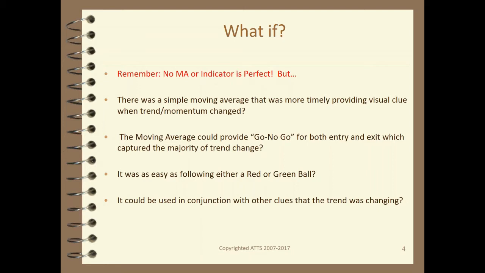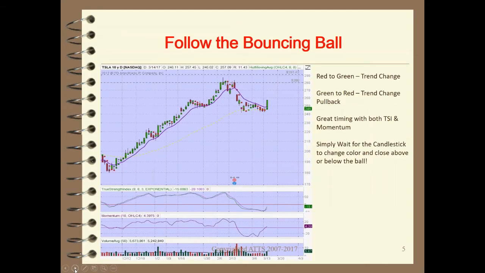That could be go, no-go for both entry and exit, which would capture the majority of the trend. What if it was as easy as following either a red or green ball? What if it could be used in conjunction with other clues that the trend was changing, such as the TSI or the momentum, which we utilize with the Active Trend Trading system? Well, here basically is the concept.